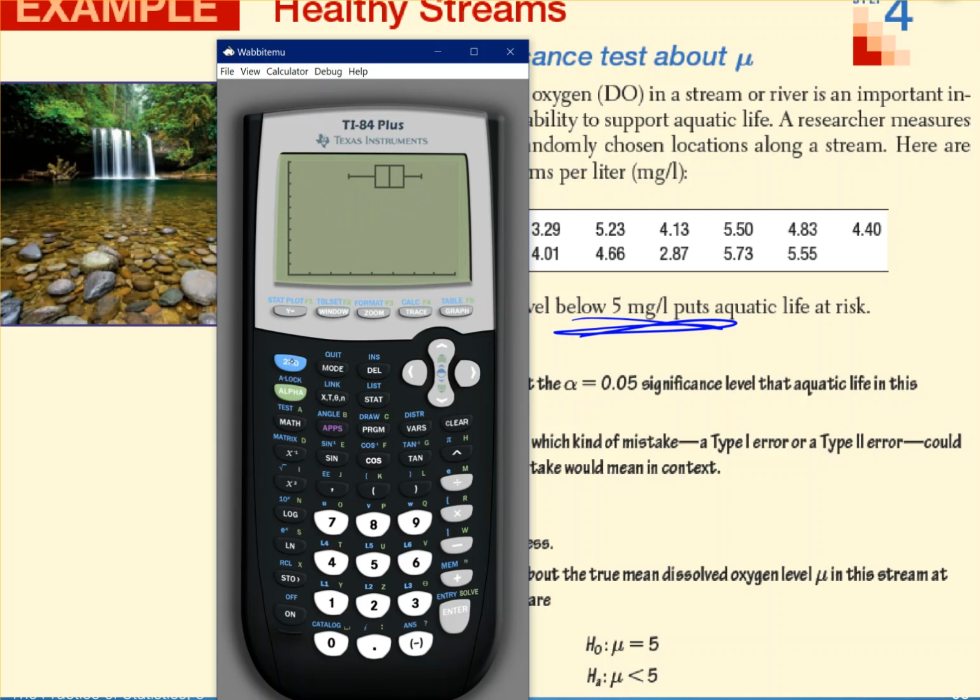And then finally, let's go back in the stat plot and look at the normal probability plot. We want this last one to be approximately linear. So let's turn this one on. And let me adjust my window here.